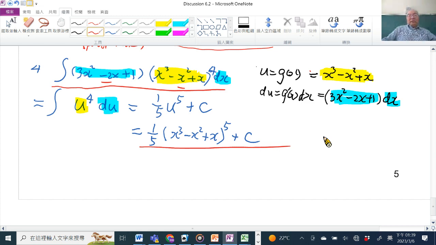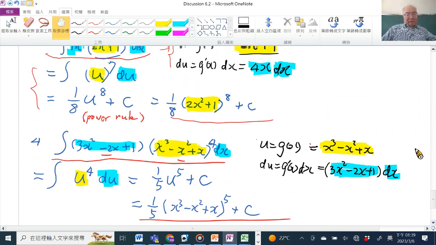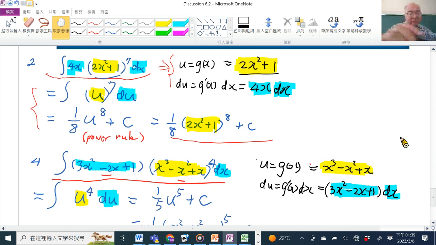Okay, and we recognize that it doesn't really matter what the power is, right? As long as it can be formed as a composite function, right? Power 7 is still a composite function. Power 4 is still a composite function as long as you have g of x being substituted.